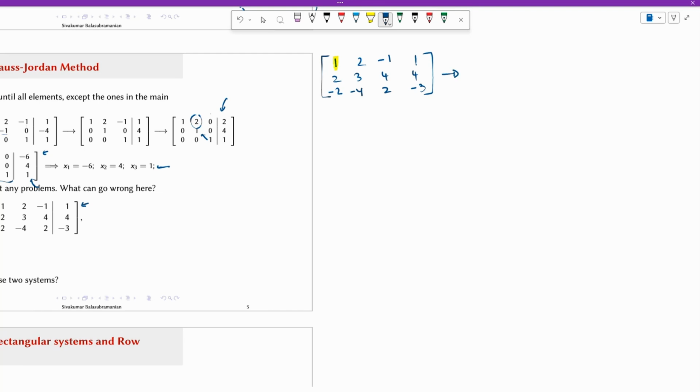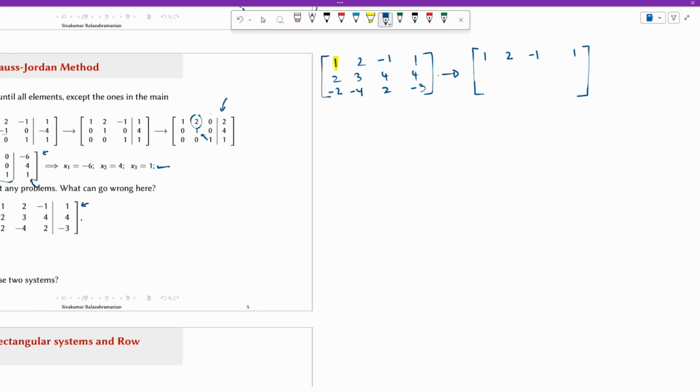And to do that, we do row operations. So if you take -2 times the first row and add it to the second row, then this element will be 0, right? So tell me what you get for the second row once you do that operation. The first row remains the same. What will be the second row?